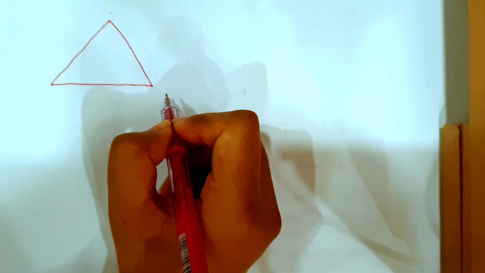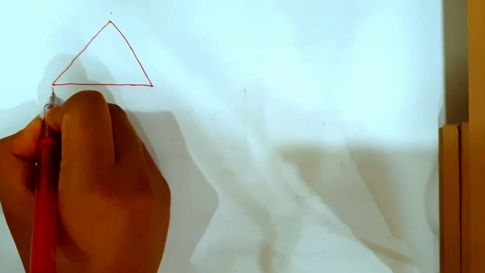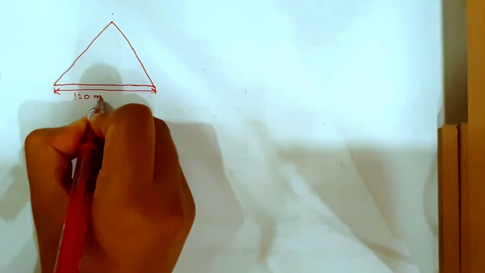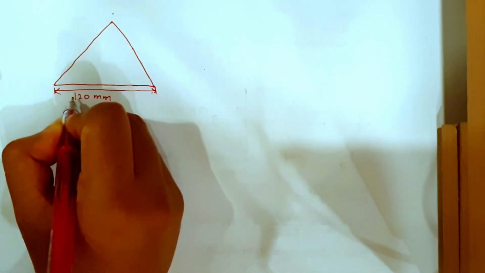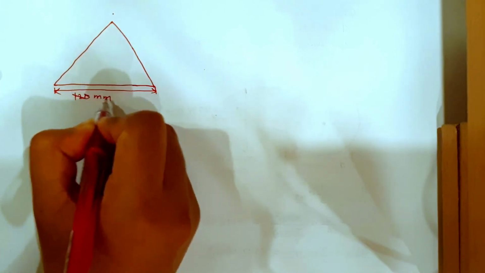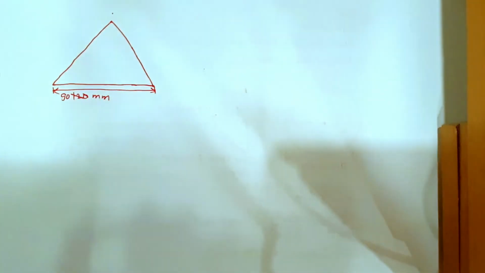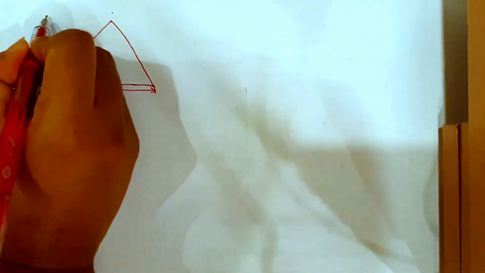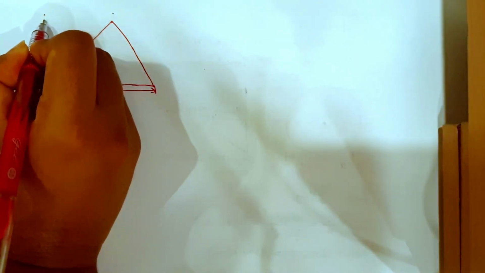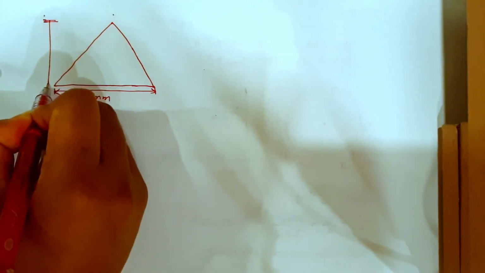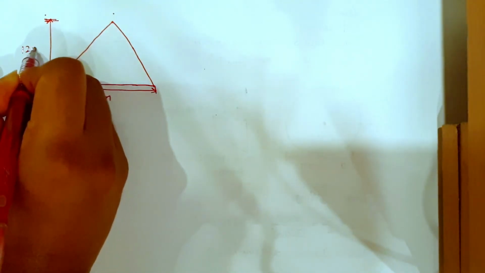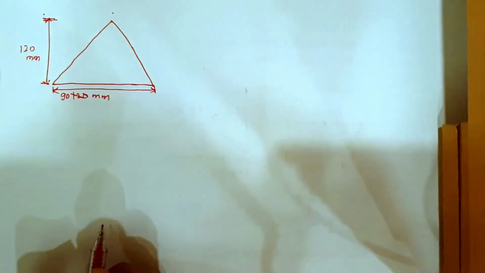A triangular section is given, and the base of this triangular section is, I'm sorry, not 120, it is 90 mm base, and the height of this triangle is 120 mm.